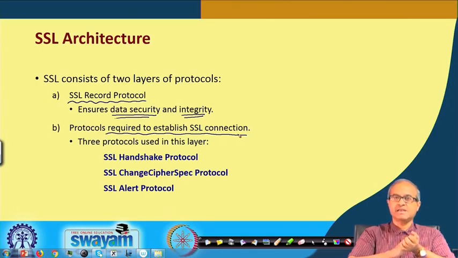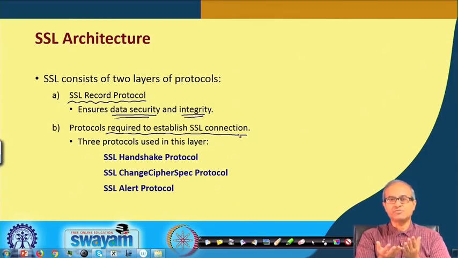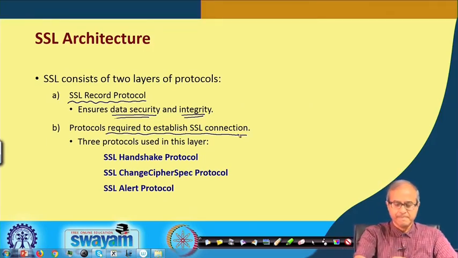But for SSL, such a connection is required of course, but in addition a number of other things are required, because here we are talking about data privacy and authentication. We need hash functions, we need encryption algorithms, we need decryption algorithms. So, both the parties must agree on which algorithm to use for encryption, for hash and everything. It is during this initial SSL connection phase that all these things are decided by the two parties.